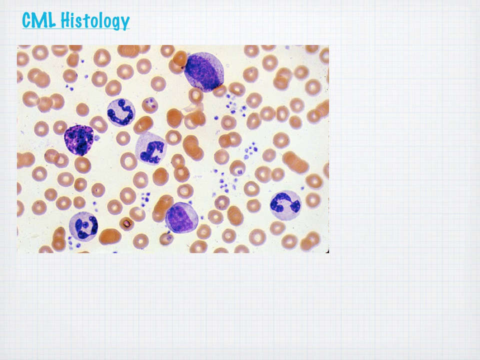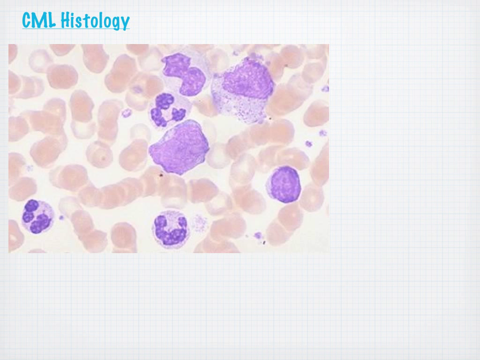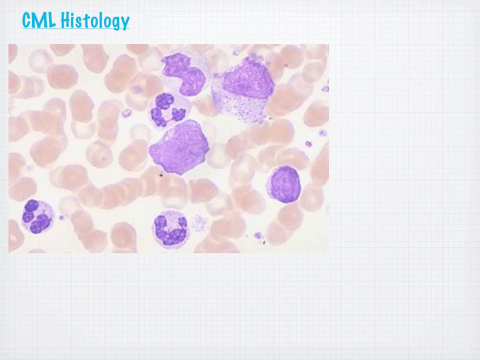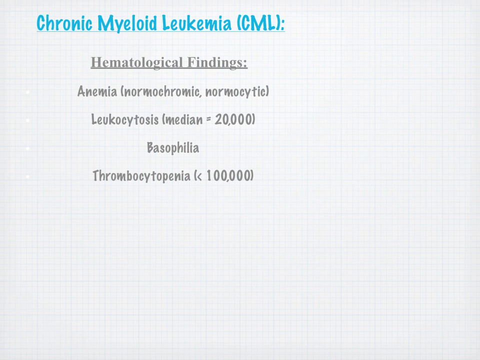All right, so CML, there's some histology. Doesn't it make you think of how fun histology was? It certainly does me. All right, and then chronic myeloid leukemia is next, and we've got 3 phases: chronic phase, the accelerated phase, and the blast phase. So go back.